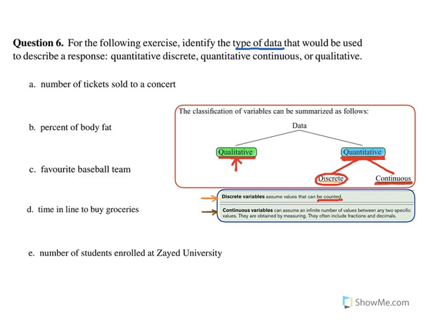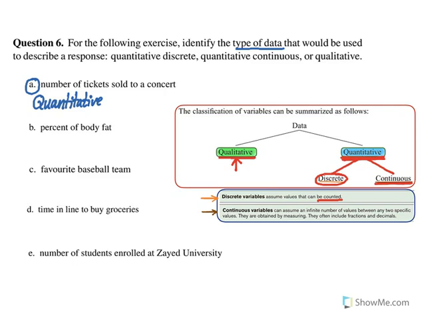Let's first look at the first one. Number of tickets sold at a concert. Number of tickets, this is quantitative data. So for sure this one will be quantitative. And is it discrete or continuous? Now you think about it. Can it be counted? Well, number of tickets, yes.